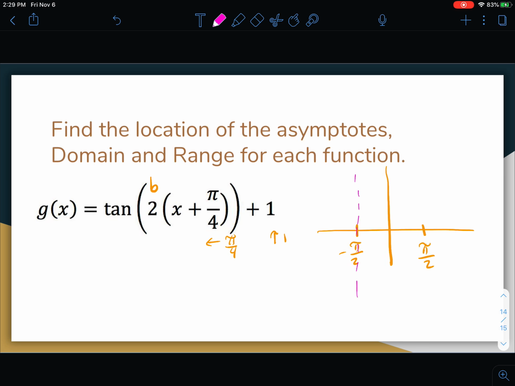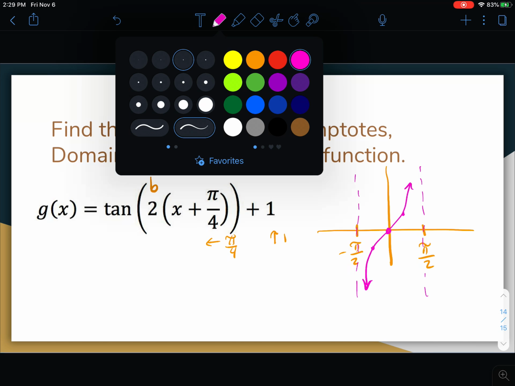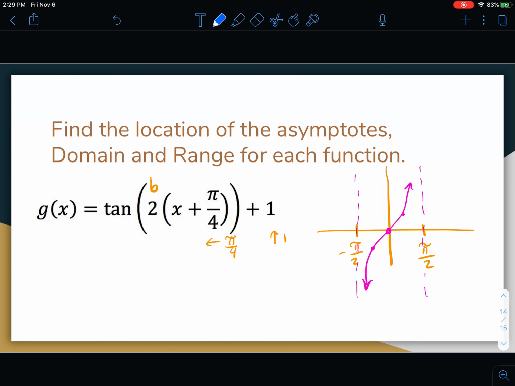So with no parameter changes, we had our vertical asymptotes here and here, and we had a graph that looks like this. No parameter changes. Now it's saying, hey, you're going to move to the left pi over 4 and up 1. So let's pick blue for this new situation. We're going to move to the left. So instead of this anchor point here, we're going to go to the left pi over 4 and up 1.